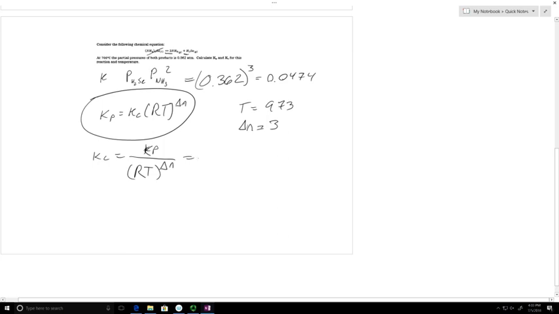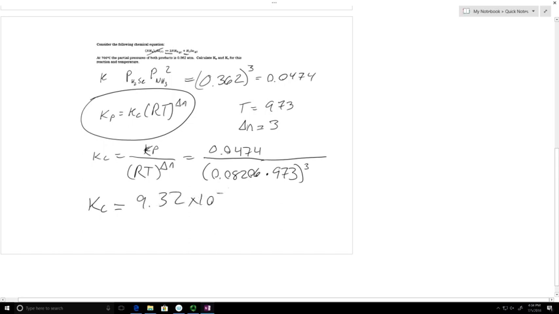So we end up with 0.0474 over 0.08206. Again, we're using the gas constant that has the units of liter atmospheres per Kelvin mole, times our temperature in Kelvin, which is 973, raised to the delta n, so cube it. Plug that into your calculator and you'll find that Kc is equal to 9.32 times 10 to the minus 8 power. That's all there is to it.